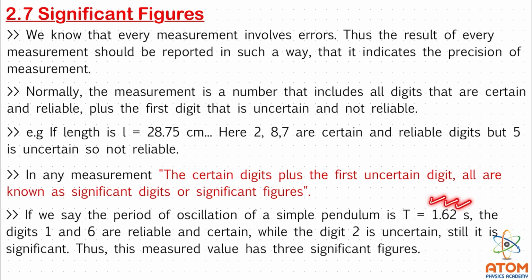This 2 is uncertain. Still it is the first uncertain number, that's why it is considered as significant. Always remember, all the certain and the first uncertain digits are considered as significant because this 2 is also valuable. We cannot just ignore this 2, it is also valuable, that's why this is considered as significant. So here we can say there are total 3 significant figures.